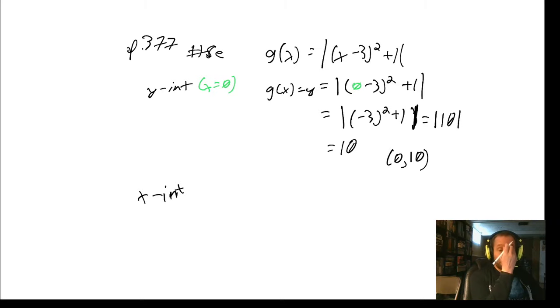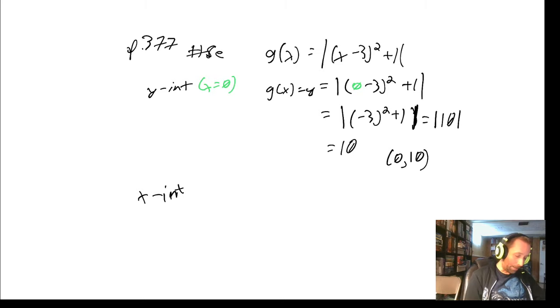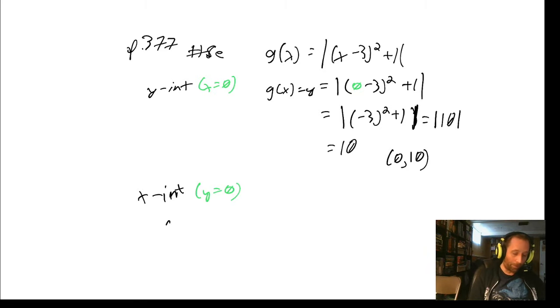X-intercept. So this is where this question gets interesting. To find the x-intercept, we want to make y equal to 0. So let's take g of x and set it equal to 0. So that will give us 0 is equal to absolute value of x minus 3 squared plus 1.